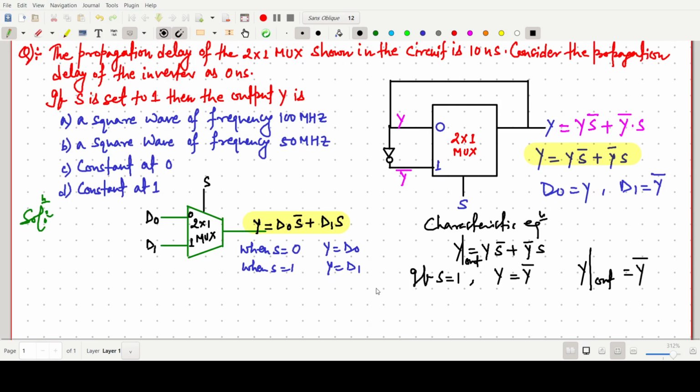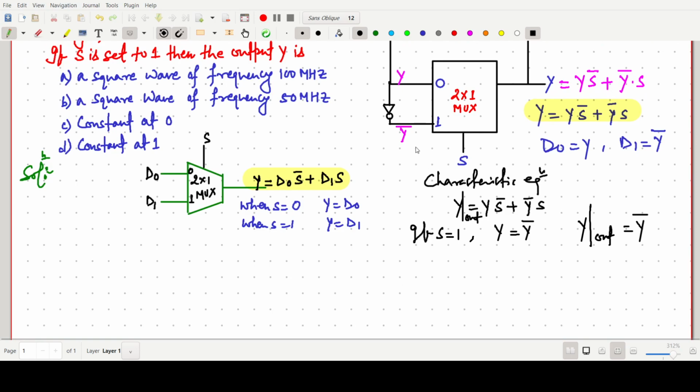What does this result in? If Y is 0, the output will be 1, and when Y is 1, the output will be 0. So this is nothing but a square wave kind of thing.